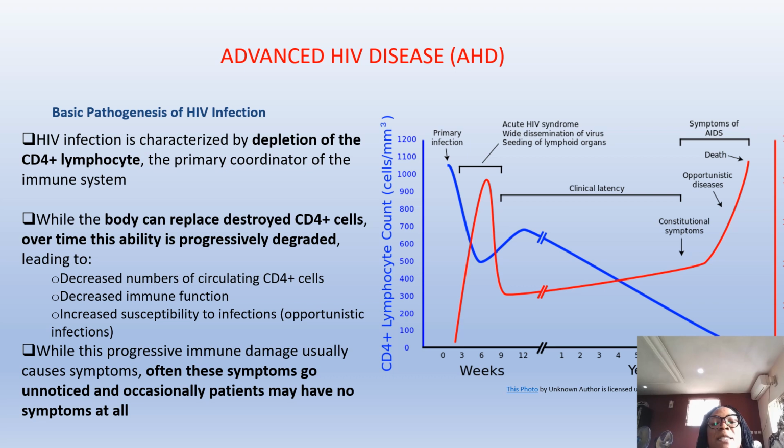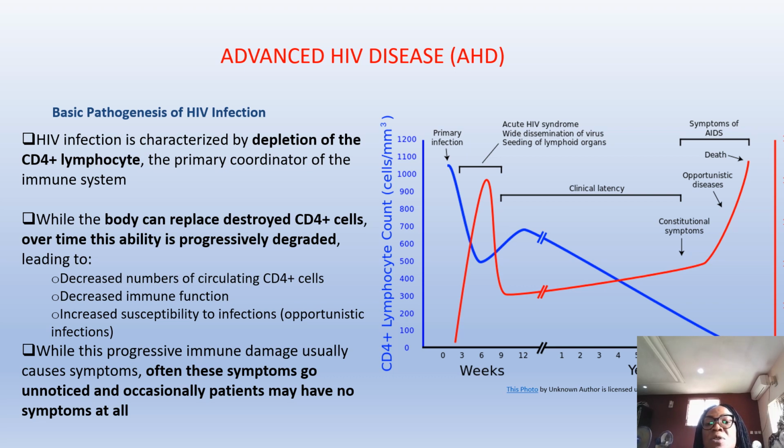While this progressive immune damage usually causes symptoms, often these symptoms go unnoticed and the person is going about with opportunistic infections and very low CD4 counts. The picture on our right-hand side is a pictorial demonstration of what happens in advanced HIV disease.